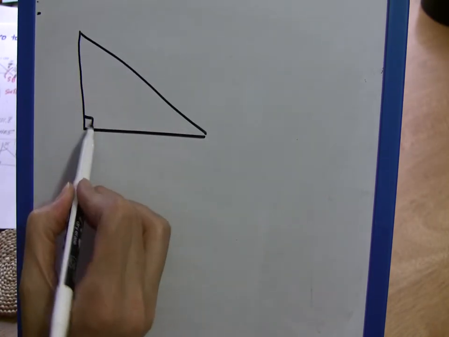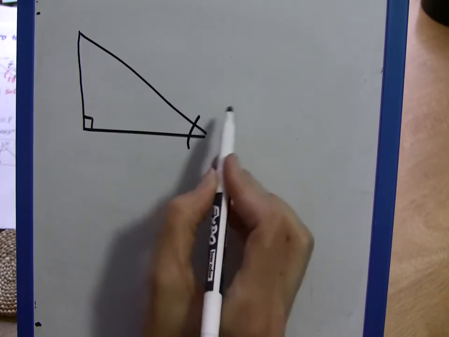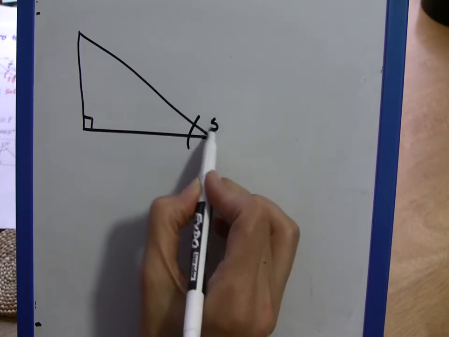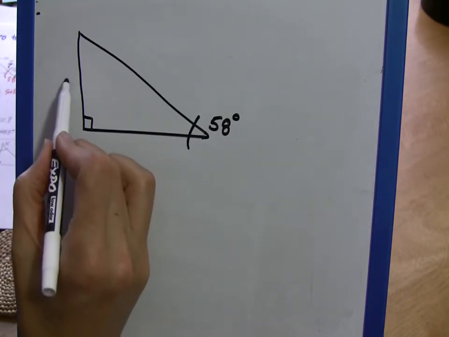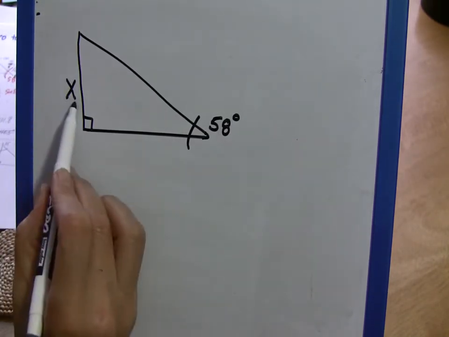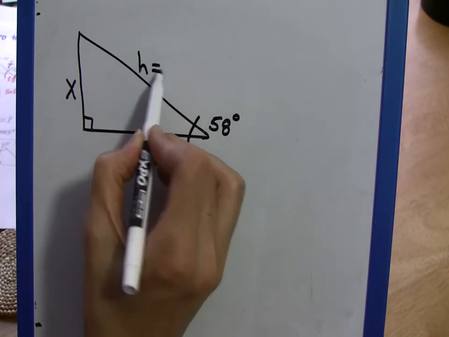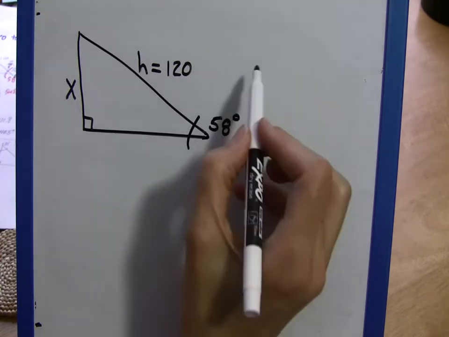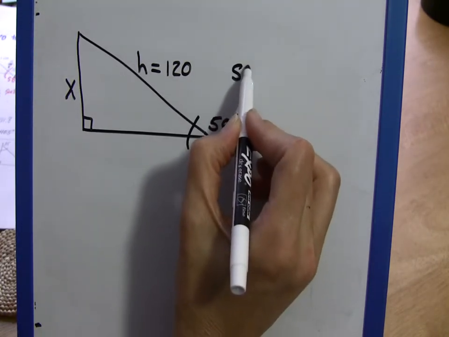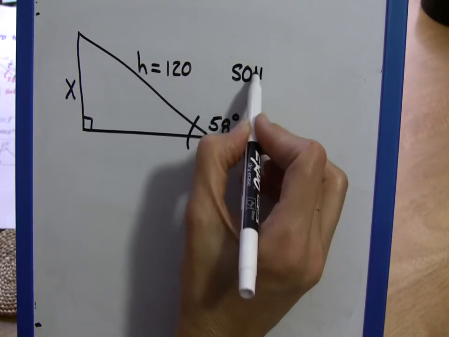Got our right triangle, our right angle. Let's say we're given that this angle here is 58 degrees. And we're also given that this is the side we want, x, and that our hypotenuse, in this case, is 120. So we have to decide: do we want to use sine, which is opposite over hypotenuse?